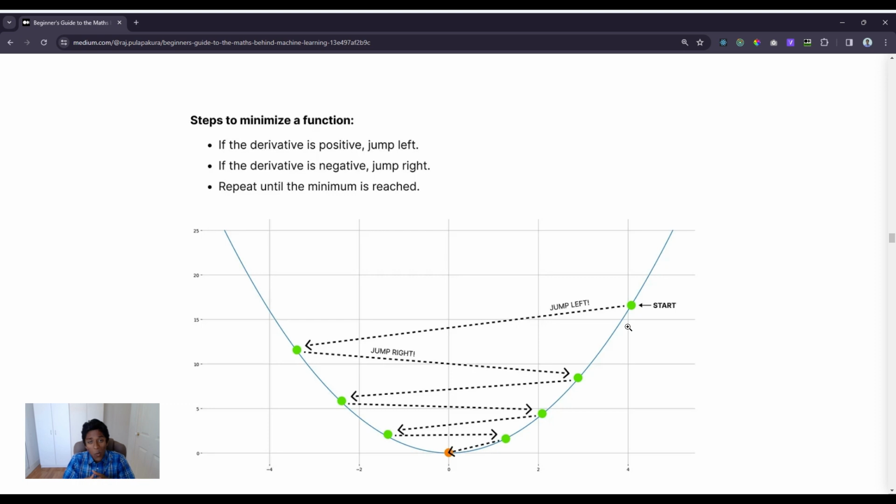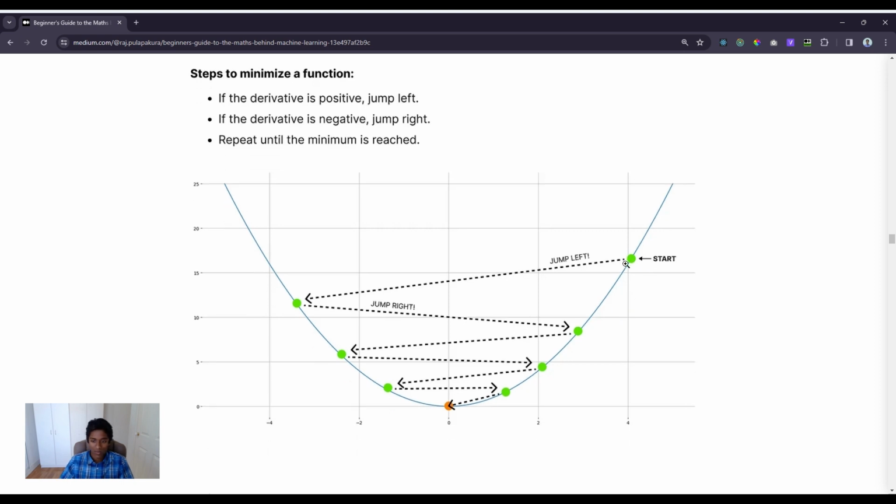Now, knowing that the slope is positive and that if we increase x, y will increase, how would we get to the minimum point, which would be at the lowest x, at the lowest y? Well, we would want to decrease x, right? So what we do is we jump left. So starting here, we jump to the left side.